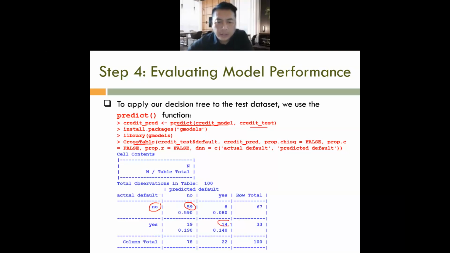This is true negative. So the error that you get will be this. Okay. So for this one, we have 27 divided by 100. So this is your error, which is 27%. And your accuracy will be 73%.